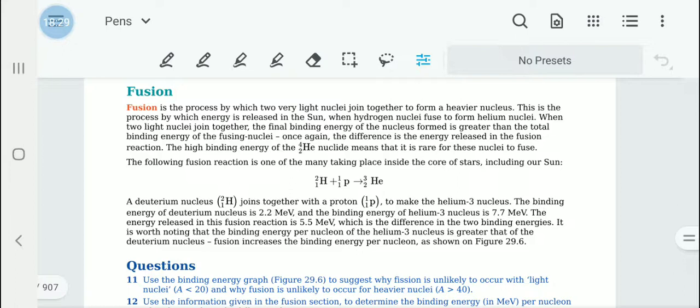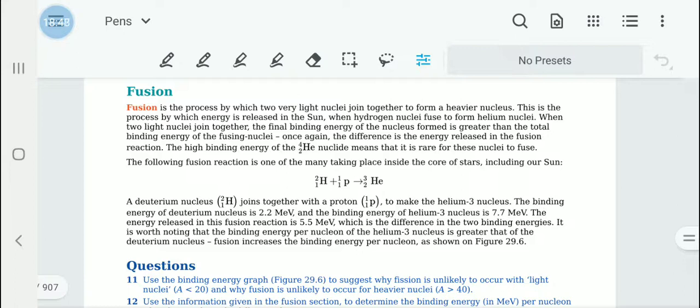The binding energy of deuterium is 2.2 mega electron volts, and the binding energy of the helium-3 nucleus is going to be 7.7 mega electron volts.